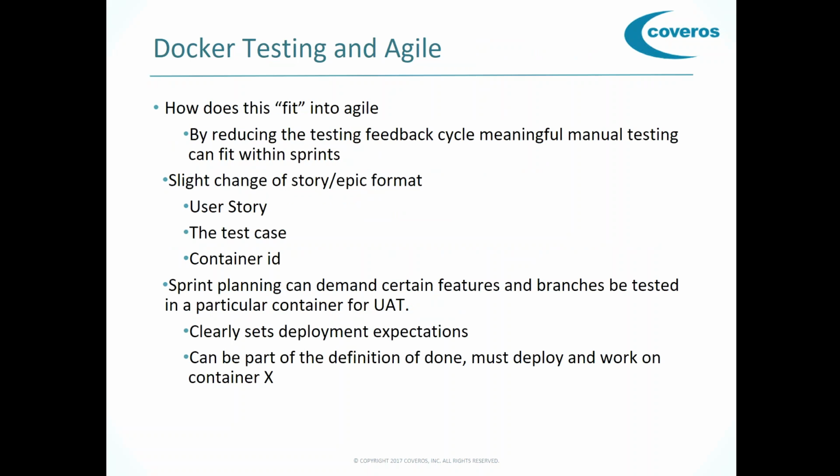So how does this fit into Agile? Well, by reducing the testing feedback cycle, meaningful manual testing can now fit within sprints. A lot of organizations now basically lump all their manual testing together because it takes a long time to coordinate all those people and collect all the results.